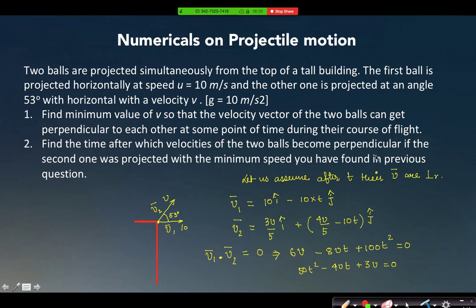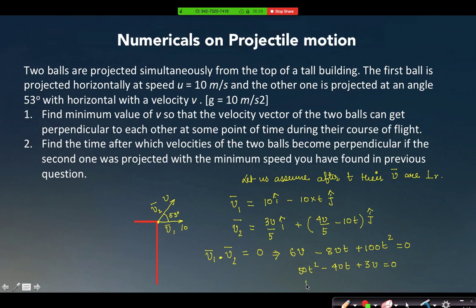In order to find a real solution for time, what should be the condition? Sir, discriminant must be greater than or equal to 0. Yes, good. If the discriminant is greater than or equal to 0, then only we will get a real solution of the time. Otherwise, the solutions are not real.